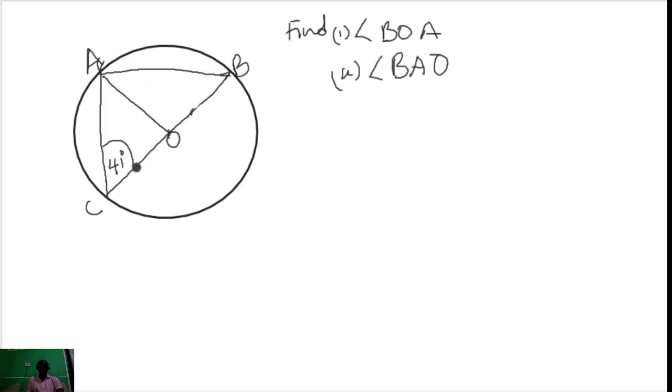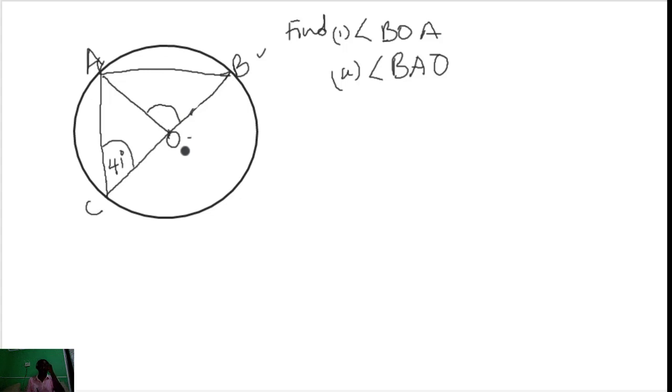Okay, let's deal with this last question for this lesson. We are asked to find angle BOA. So this angle, you have to find this angle.